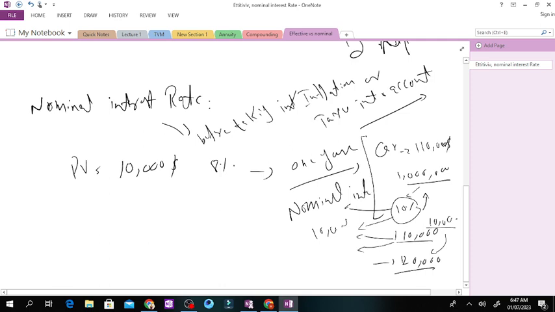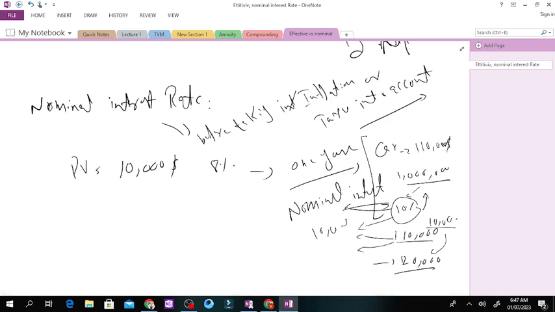That is the actual one, but at the end, it doesn't fulfill your dreams, because it doesn't count any kind of inflation or worth of the money. So this is the nominal interest rate.